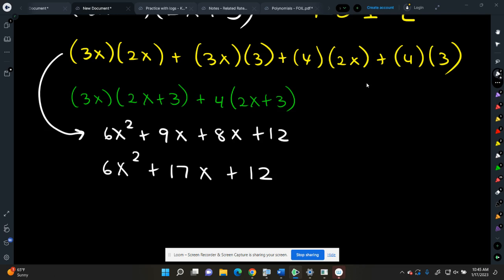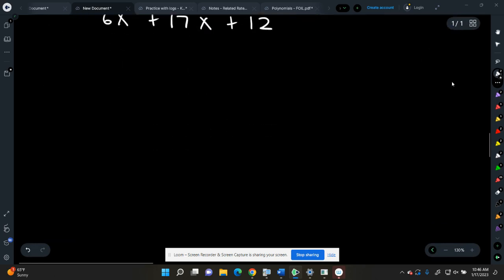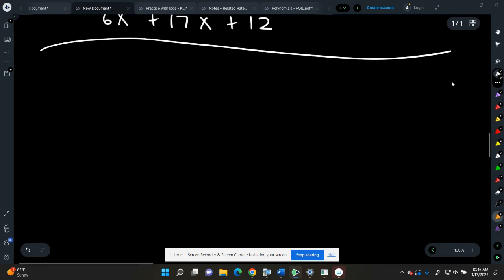Now, for now, I'm just going to use the FOIL method with the binomials, because showing you multiple methods confuses a lot of people. There are multiple methods of distributing, and I'm okay if you use other methods as long as you distribute everything, but for now, I am only going to distribute using the FOIL method.